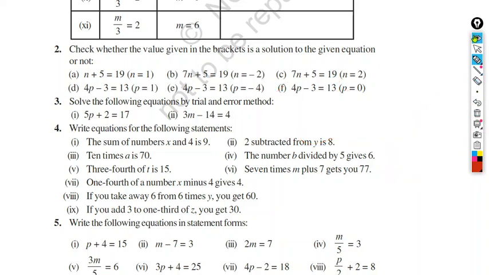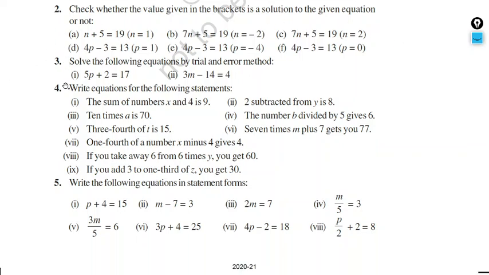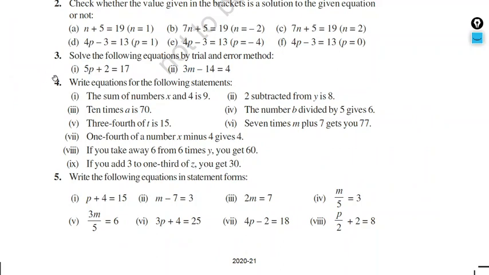Okay, now we will move to another question. The rest of the questions you please try at home. Now question number 3: solve the following equation by trial and error method. So we'll do this one, part ii.